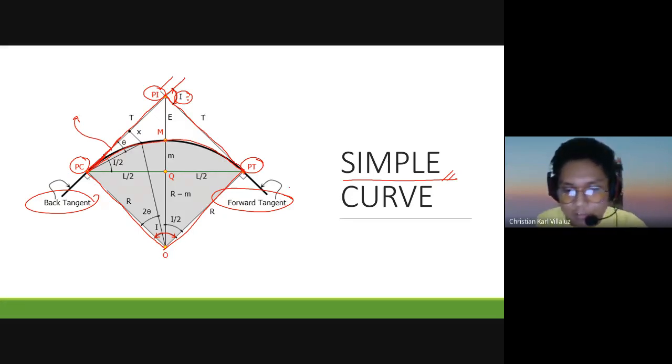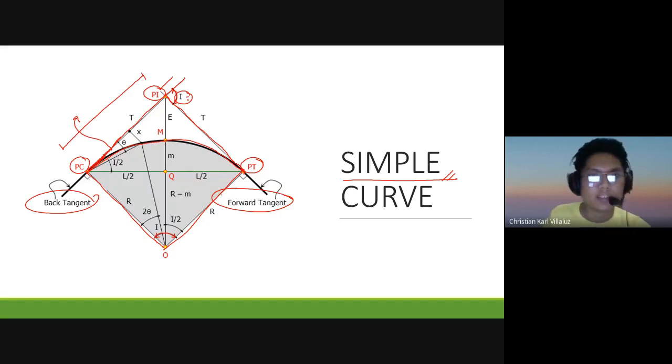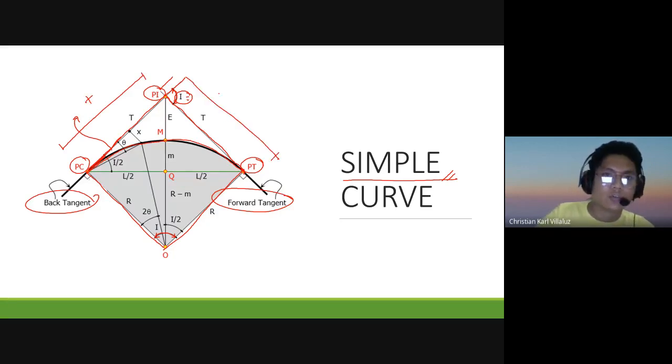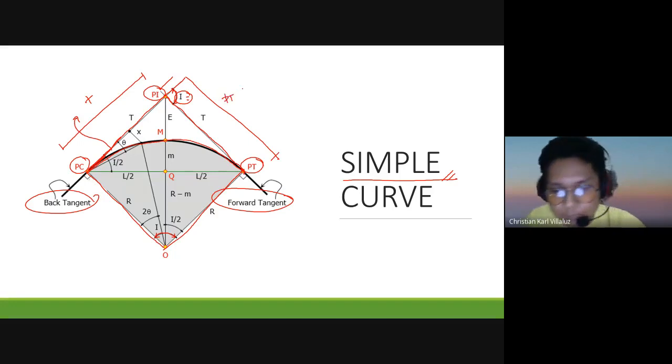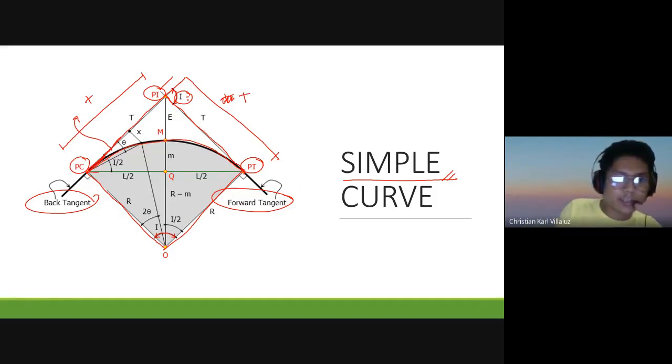Other parts: we have the tangent, T. The distance from PC to PI is the same as the distance from PI to PT.